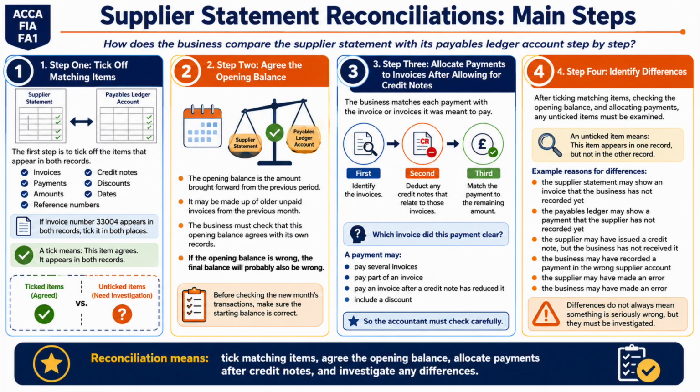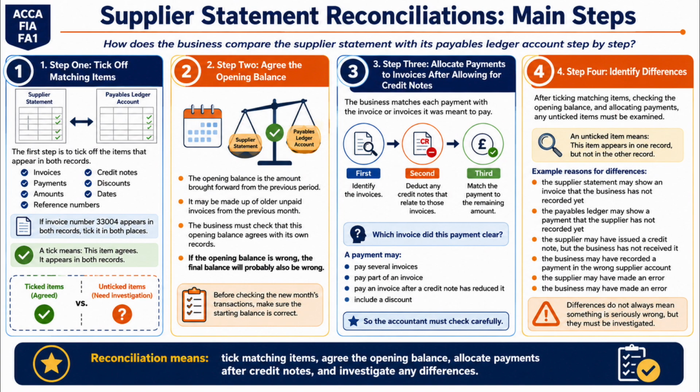Step 4. Identify differences. The fourth step is to identify differences. After ticking matching items, checking the opening balance, and allocating payments, any unticked items must be examined. An unticked item means this item appears in one record, but not in the other record. These differences may happen for different reasons. For example, the supplier statement may show an invoice that the business has not recorded yet.